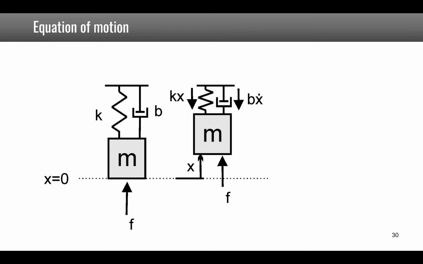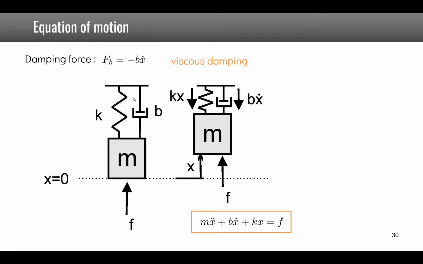Now, if you look at the equations of motion, adding a damper, which is represented here by a dashpot with a constant b, results in an additional force, which is also opposite to the motion and equal to minus b times the velocity. And so in the equations of motion, there is an additional term b x dot.